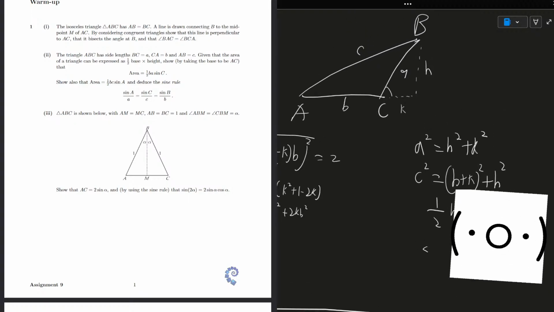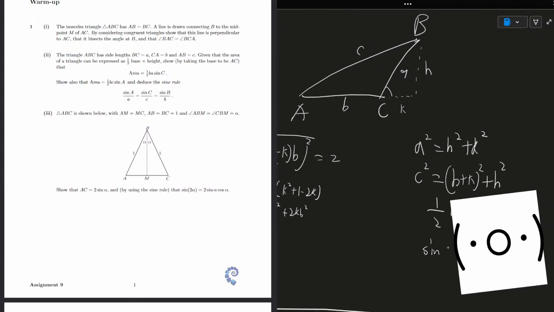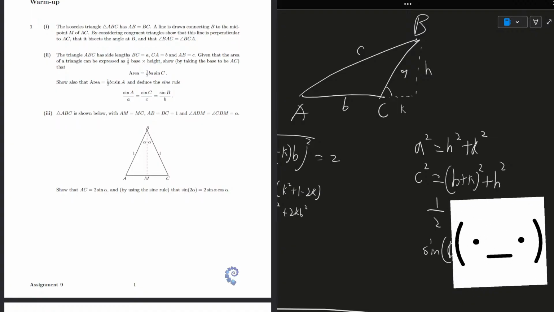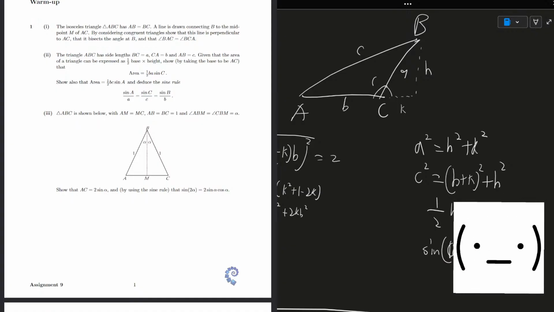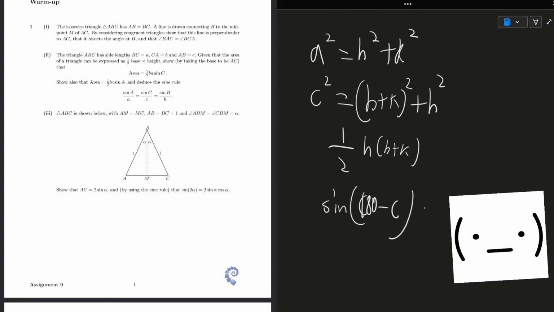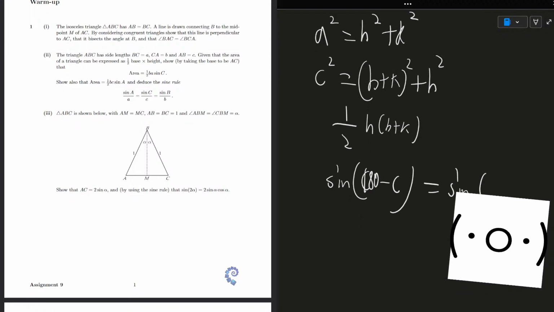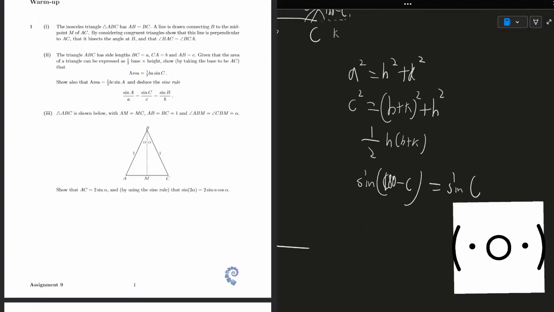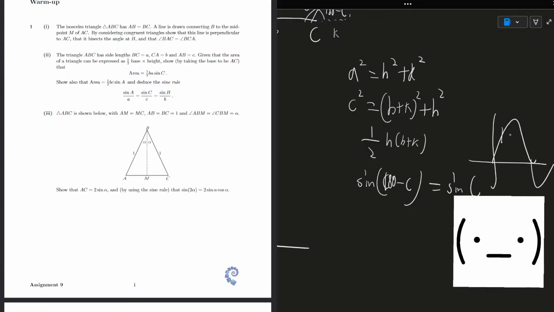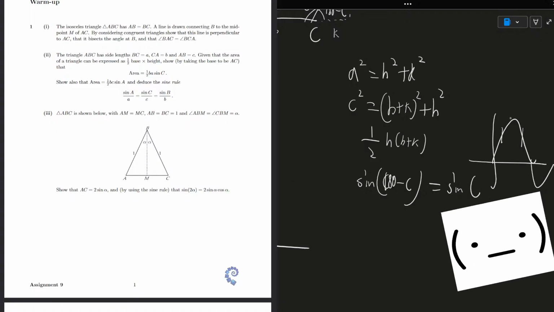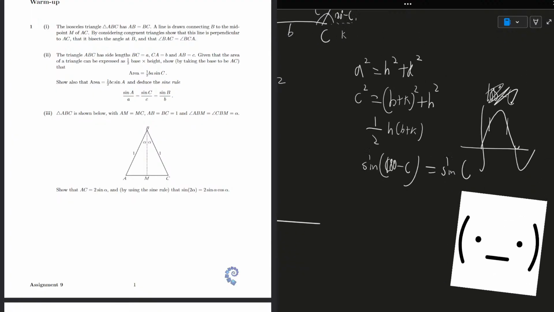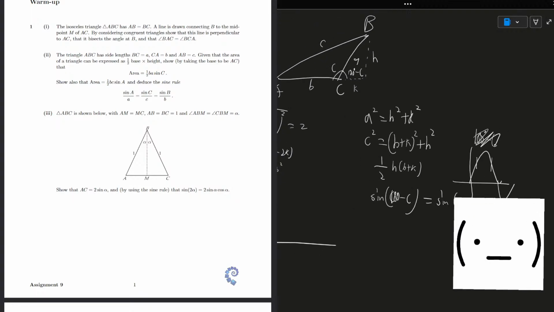So what we actually want to write here is sine of 180 minus c. This being c, this is 180 minus c, right? But this is also equal to sine c because of how trigonometry works. If you consider this graph, which is the sine graph, this bit is equivalent to this bit. And you can get 180 minus c equals c for the sine function. So that means it's sine c.